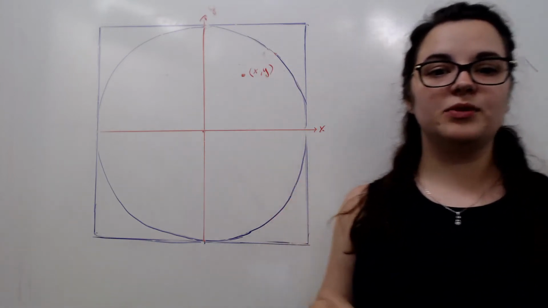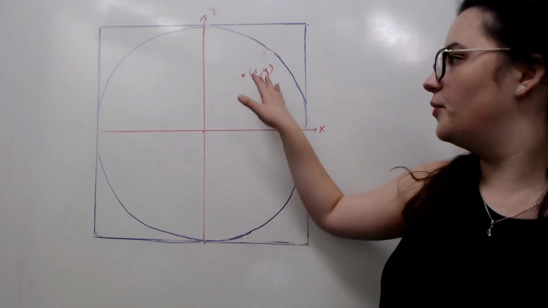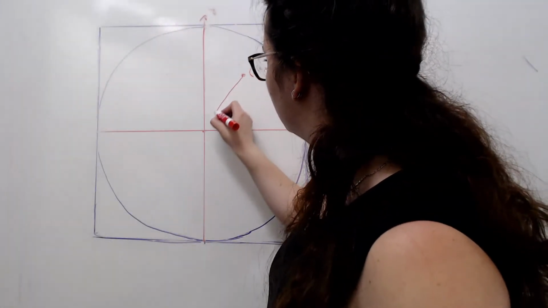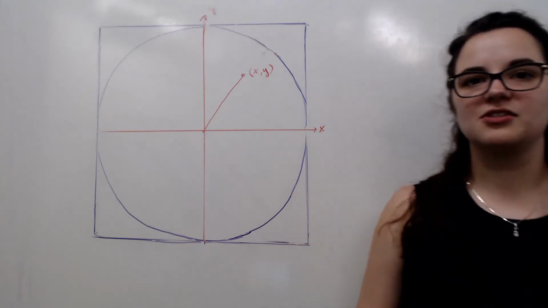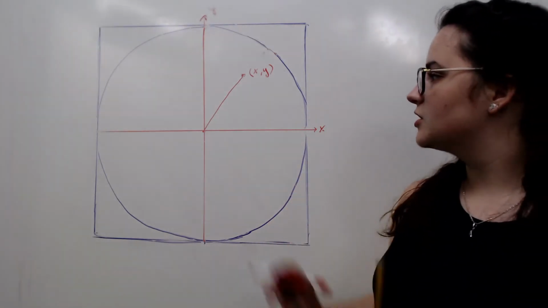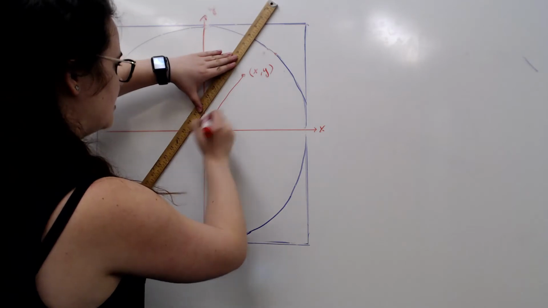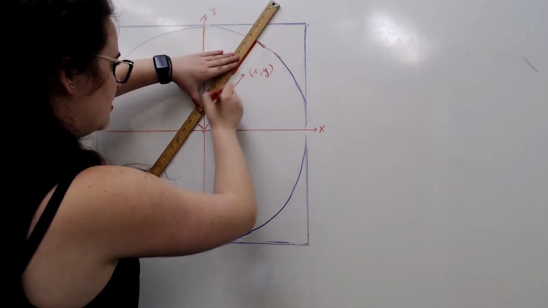Now, no matter where we would get a point, we know that we can find a distance between that point and the origin. So let's draw a line. So this is a distance. How can we use this distance to figure out whether the point is inside or outside of the circle? So if we draw a radius, let's say this is our radius.